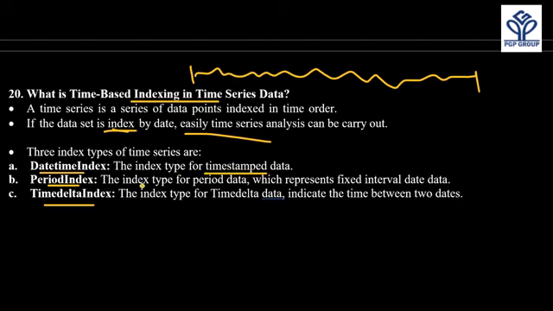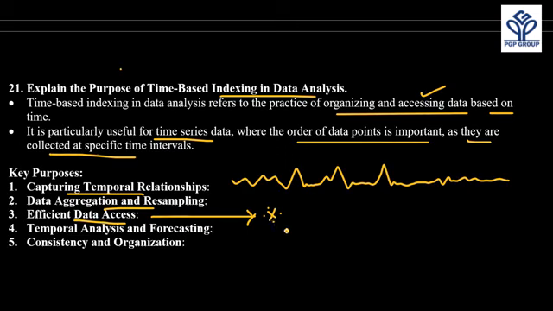If I am collecting the data every day, the data will be available like this. Now if I want to search for a particular piece of data, you need to do indexing. The purpose of indexing is capturing the temporal relationship, aggregation and resampling, and efficient data access. This is a very important point: very easily, very quickly, you can access the data from your time series data set.